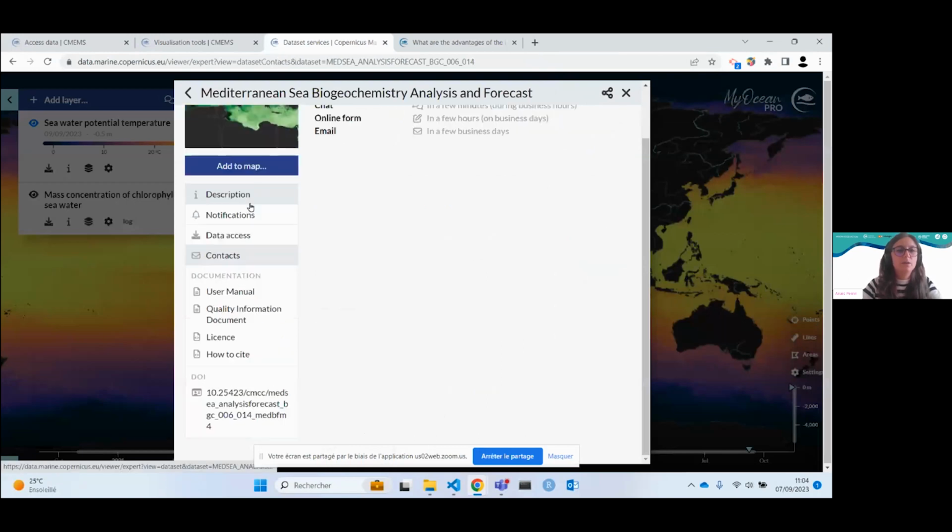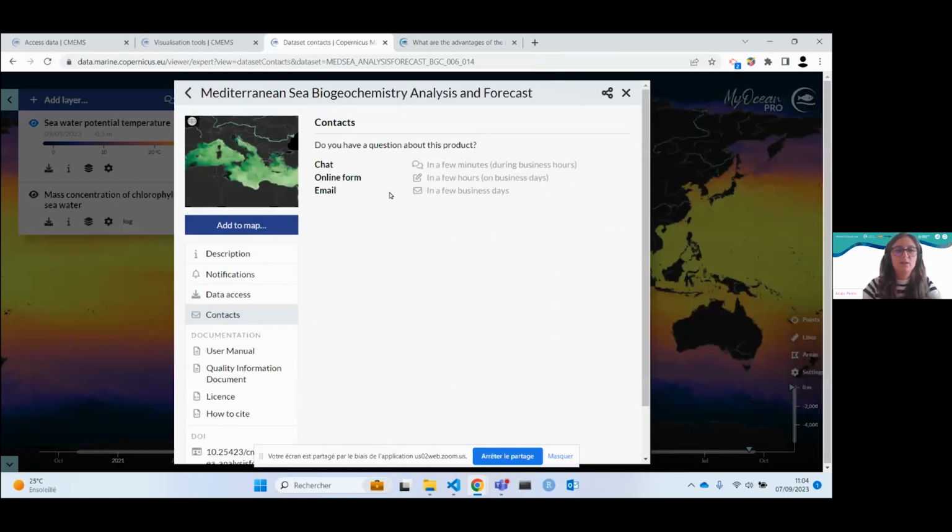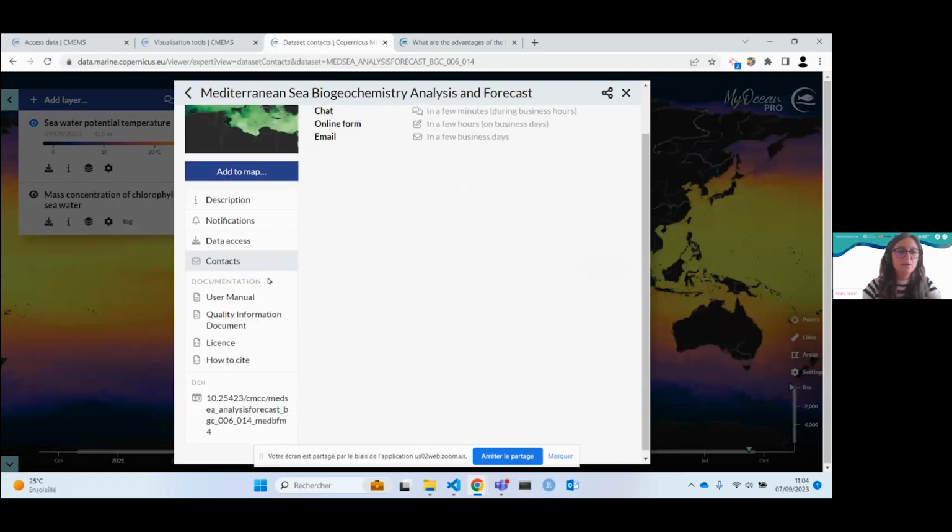The contact tab allows you to contact the Help Center, and you have a documentation section with the links to the user manual, the quality information document, the license, and our article on how to cite our products in your publication. So the user manual document contains all the technical information relating to the product.